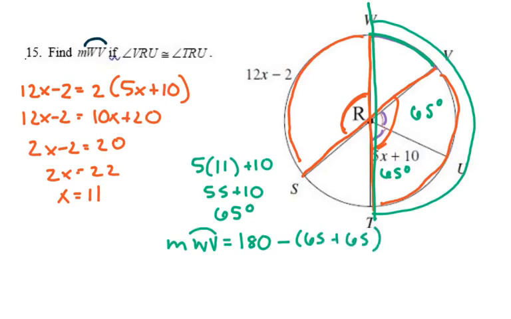So from here I get 180 minus 130, which is equal to 50 degrees. So the measure of arc WV is equal to 50 degrees.